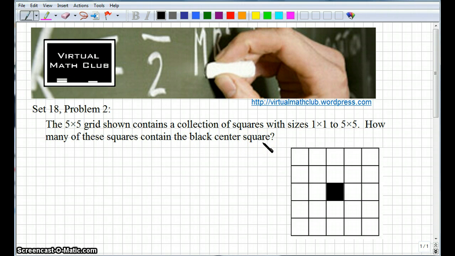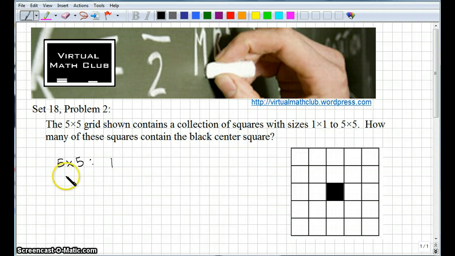All right. Well, probably the best way to approach this is very systematically, and look at each size square one by one. So, for example, if we look at just the 5 by 5 squares, how many are there? Well, there's only one, right? So we can say there's one.